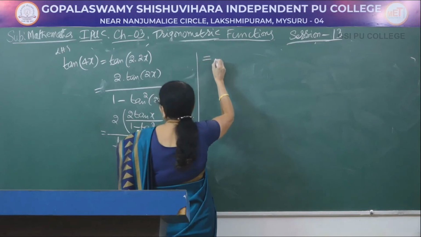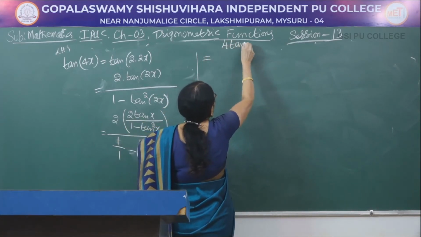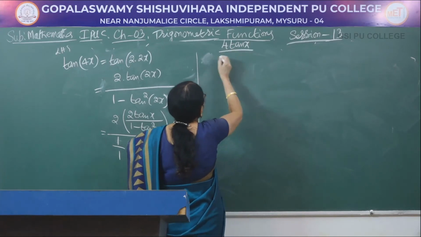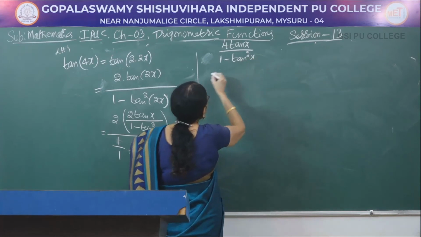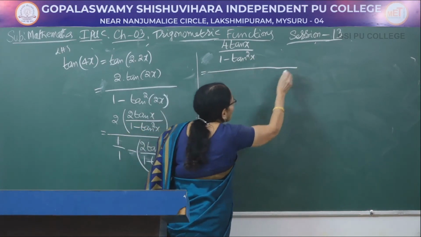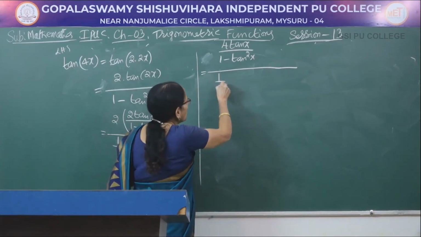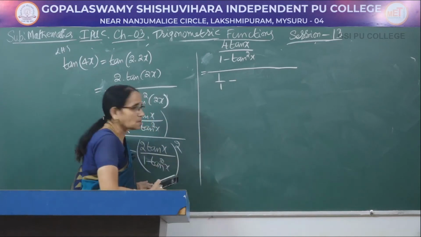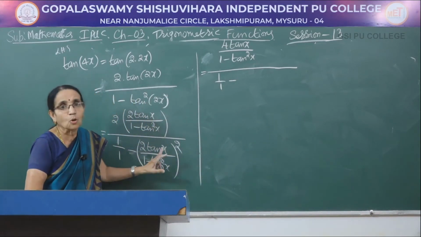So, the left hand side would now be equal to 2 into 2, that is 4 tan x divided by 1 minus tan square x. The numerator you need not worry about, it is already there. The denominator we have to calculate. Write that 1 as 1 by 1. Look at the expression: 2 tan x by some function, whole square.